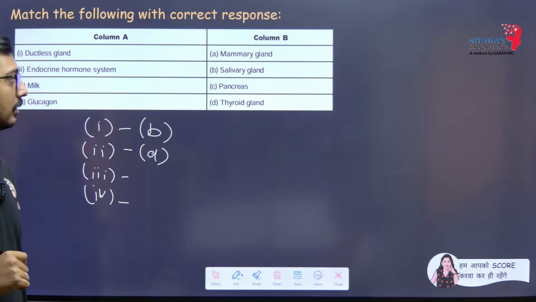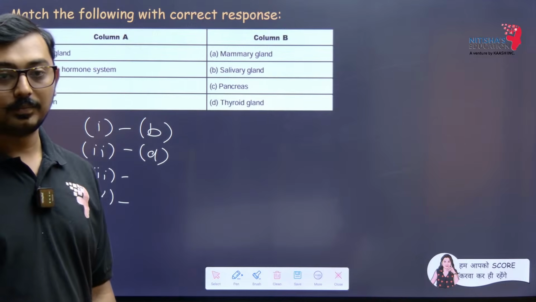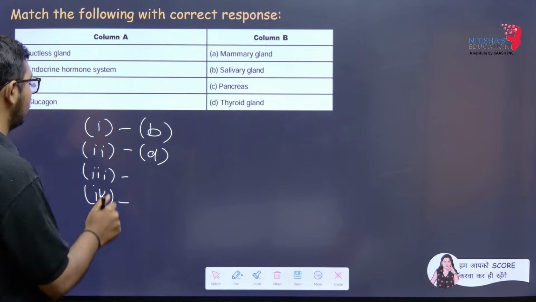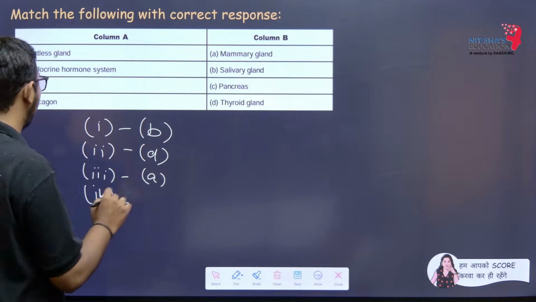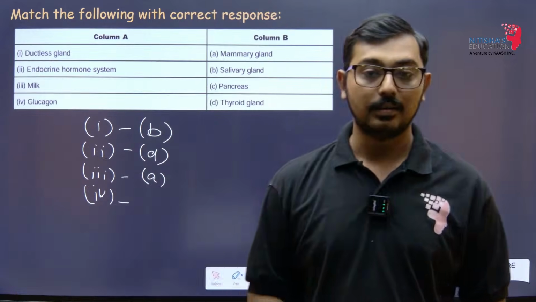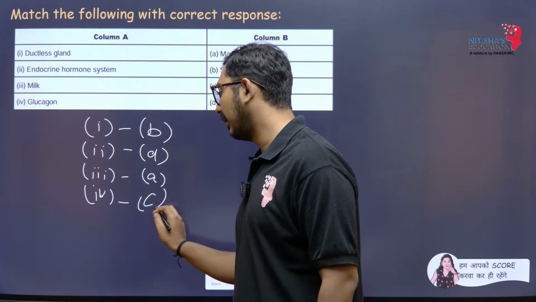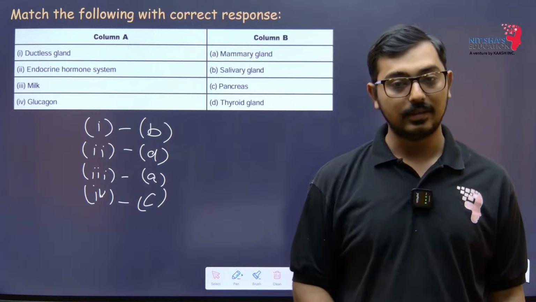Then milk, which is the more appropriate answer for milk? Mammary gland. And glucagon: what is the best option? The remaining part is C, that is the remaining one. So we have the answer C.